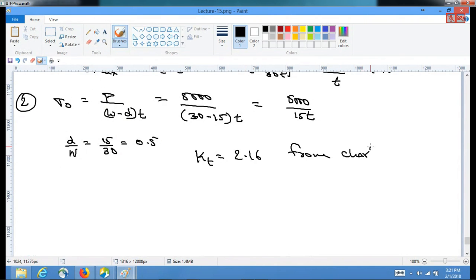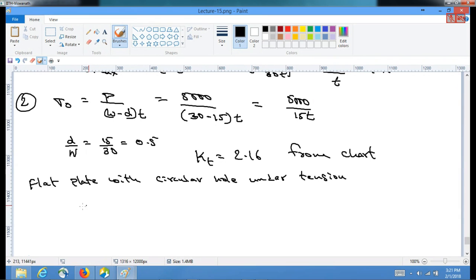from the chart. This is flat plate with circular hole under tension. So that is the chart we are seeing.